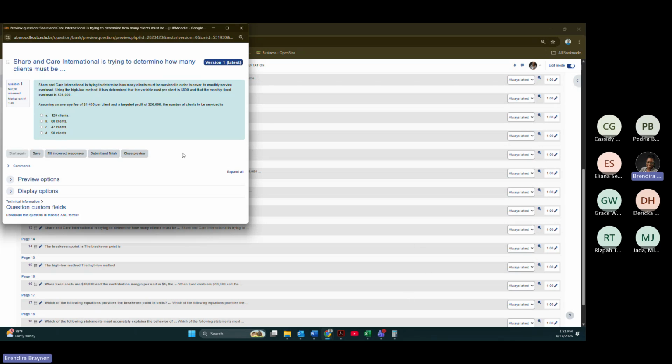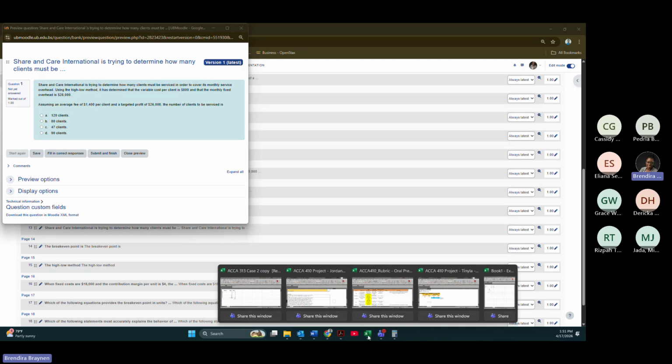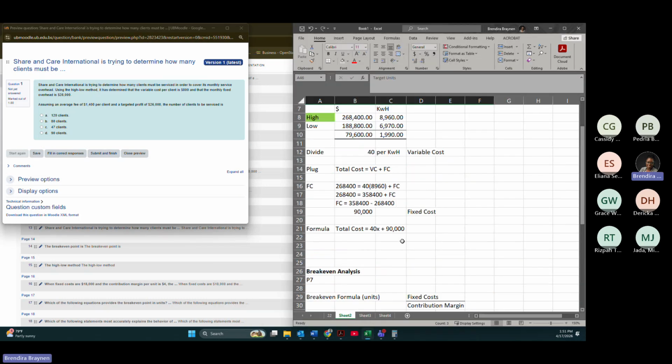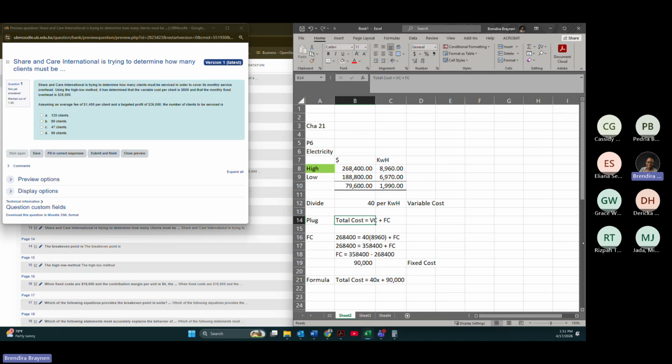So that question is just like the high-low method, like this formula here. They give you the information for the formula. They left one thing off. In this case, they left off the X because we don't know how much anything is.